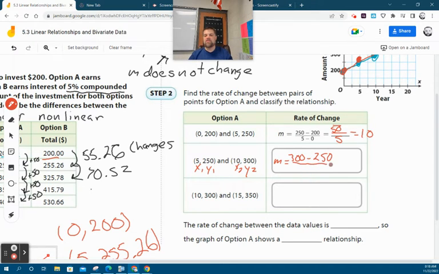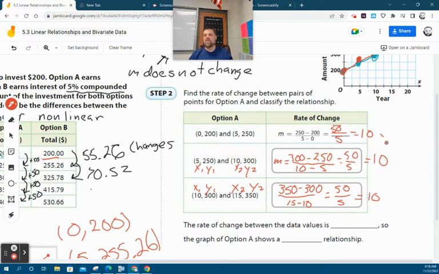All right. Now, what is x sub 2? 10. What is x sub 1? 5. This becomes 50 over 5, which is still equal to 10. And if we do the same thing here, this is x sub 1, this is y sub 1, this is x sub 2, this is y sub 2. We're going to have 350 minus 300 all over 15 minus 10, which is equal to 50 over 5, which reduces down to 10.